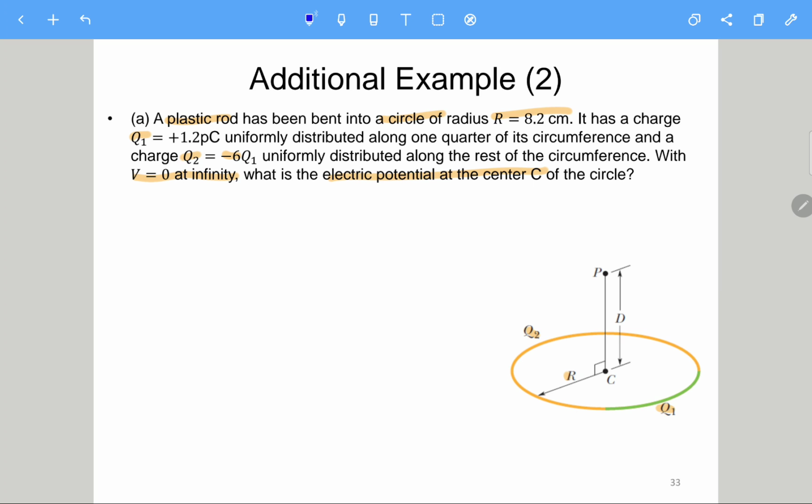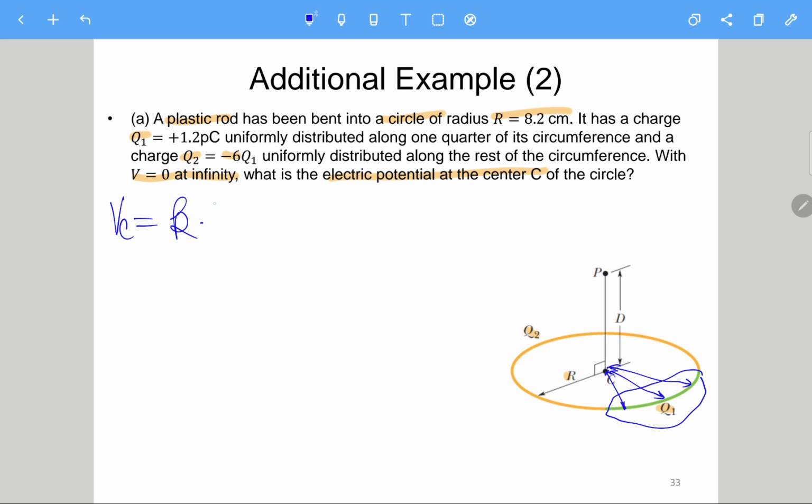So this looks quite complicated, but actually this is really simple. It is nothing but V sub C equals K times, for the green part, it looks like you need to do some integration, but whether it is uniform is not really important, because it is a circle, so the distance from C to this point and to that point are all the same, which means it's just like you're integrating a constant.